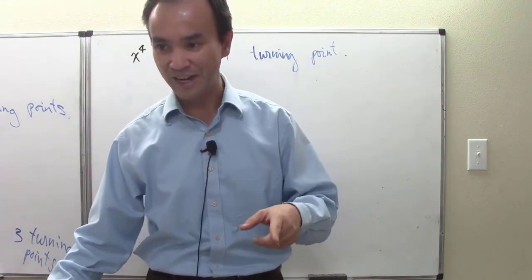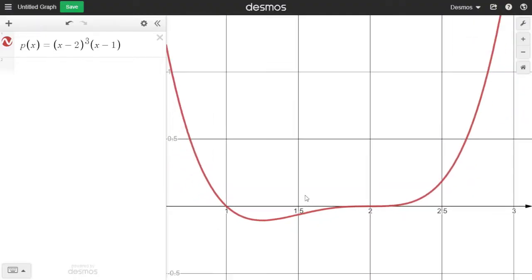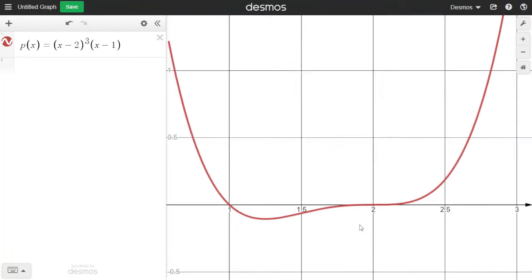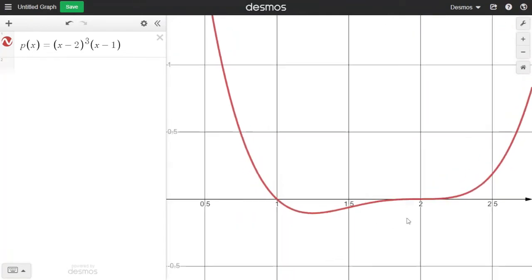But right now, this polynomial has a graph like this. This is the only turning point we have. And right here it's a flat out point, and all of those details will be explained in a formal calculus course. In the language I used earlier, this is more like a waterfall situation.